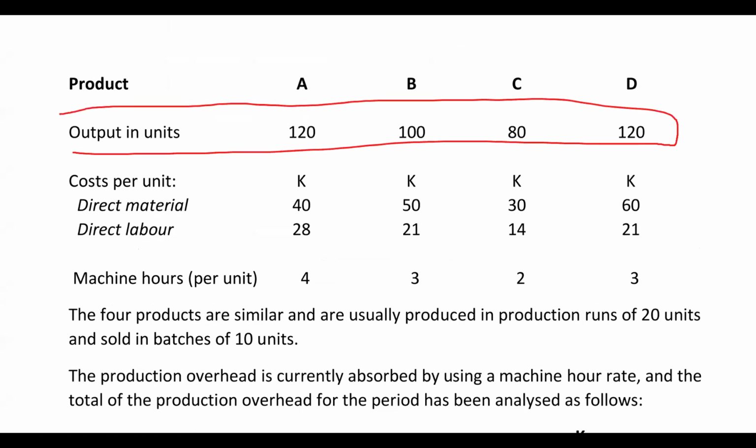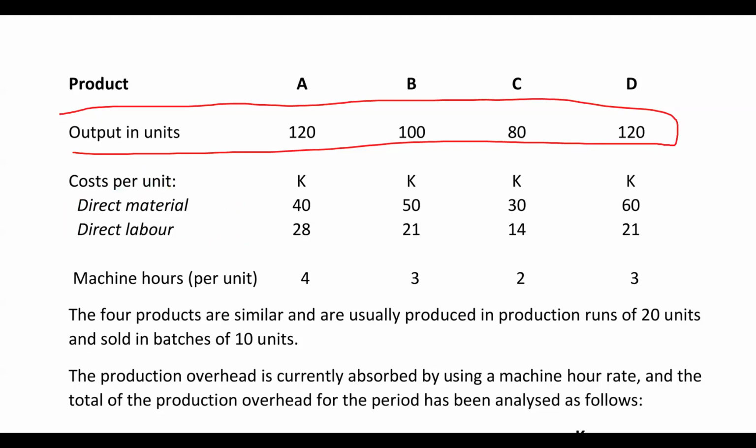Then the cost per unit for direct material for each of the products and for direct labor. This is making up what is known as the prime cost, because the prime cost is made up of direct material cost, direct labor cost, plus direct expenses. In this question, we don't have direct expenses, so we just have these direct costs.